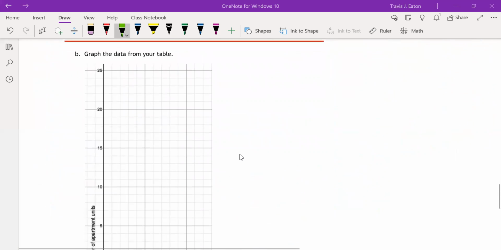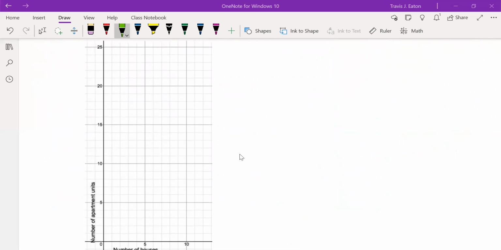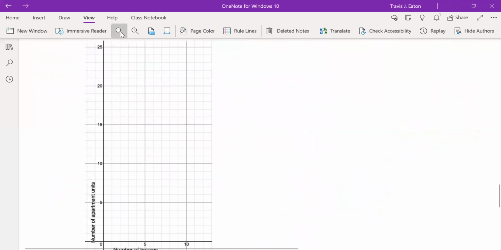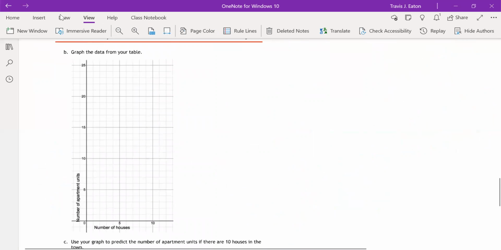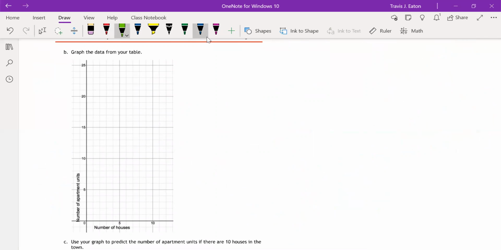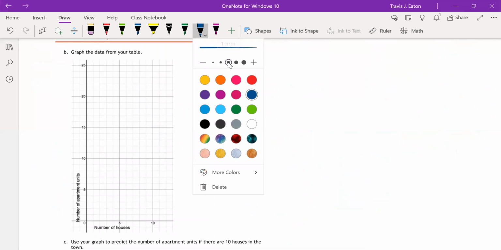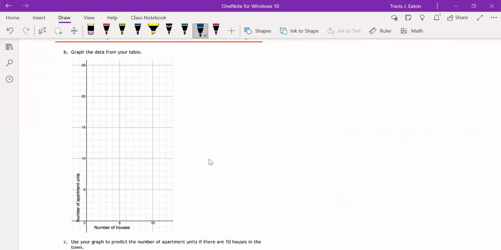Now we get to graph the data from our table. Now my graph is a little bit big, so I'm going to have to change my view here just a bit. Here we go. Now I can graph that data fairly easily. And let's see, make sure I have the right size dot. That'll work. Okay, so when I had 2 houses, how many apartment units did I have?